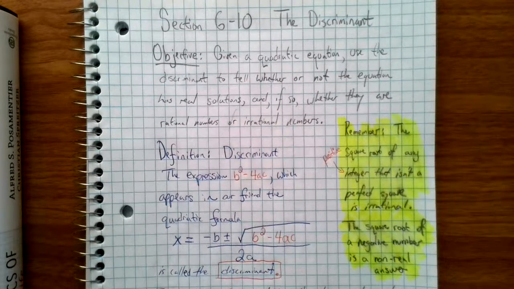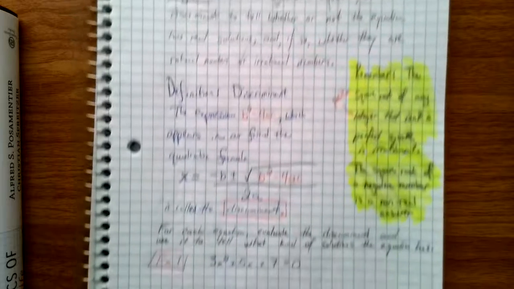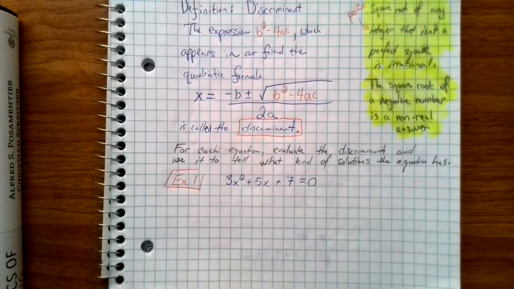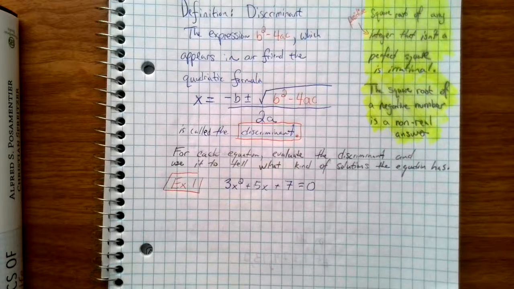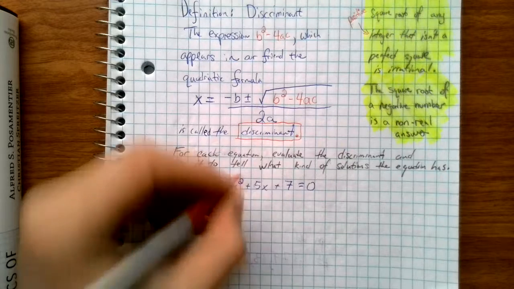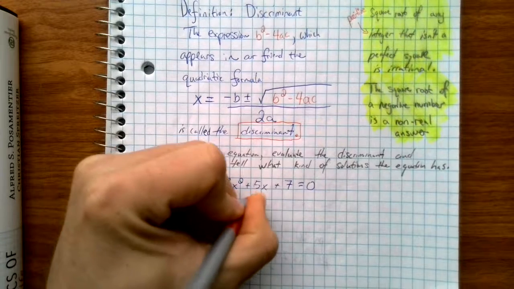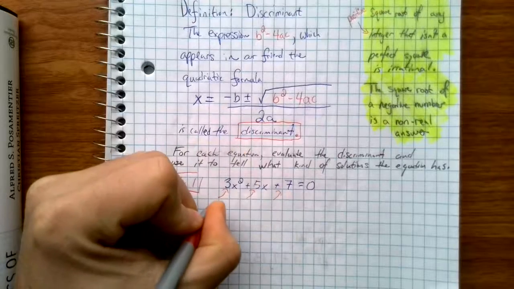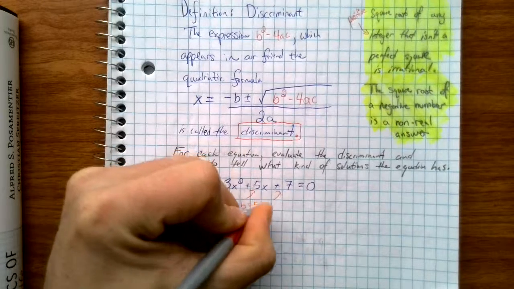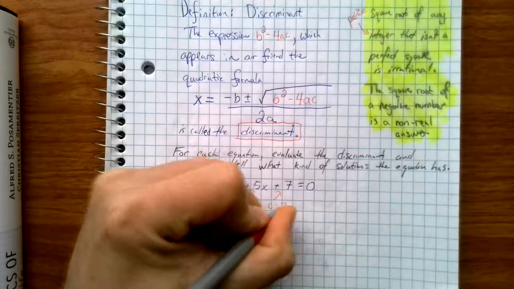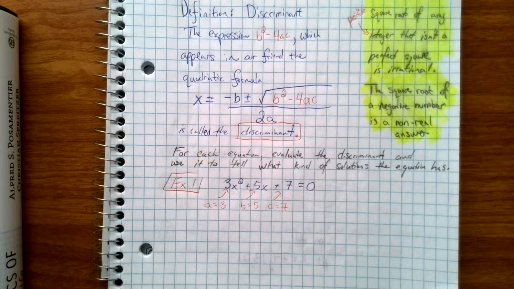So all we're being asked to do in today's lesson is, for a given quadratic equation, evaluate the discriminant and tell what kinds of solutions the equation has. Just like when we use the quadratic formula, we are going to identify our a value, our b value, and our c value.